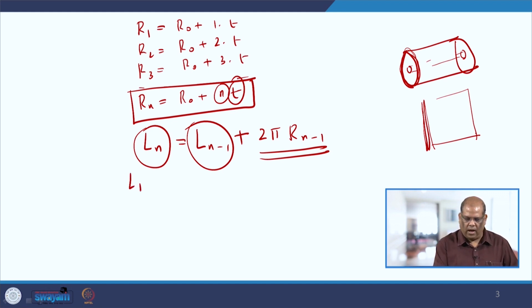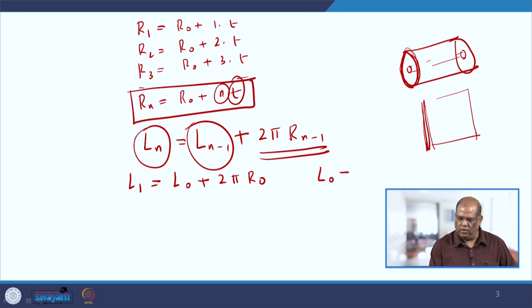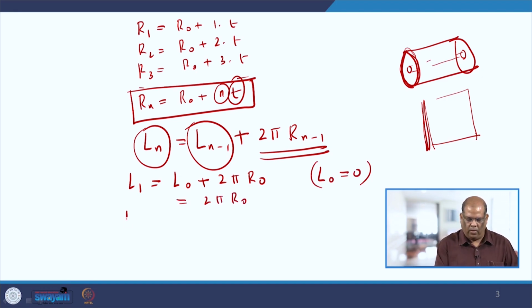In a similar manner I find L1, which is L0 plus 2 pi r 0, and initially there is no length, so L0 is equal to 0. L2 is equal to L1 plus 2 pi r 1.